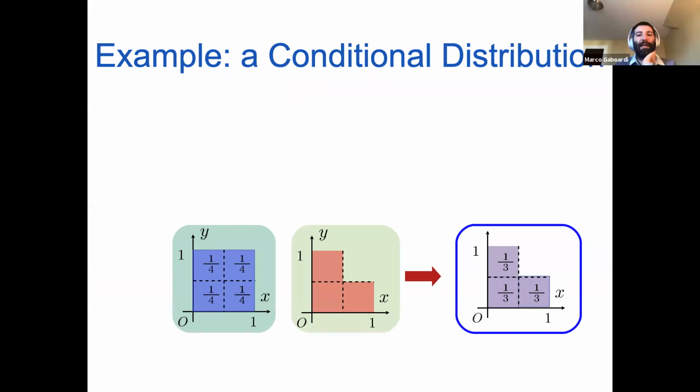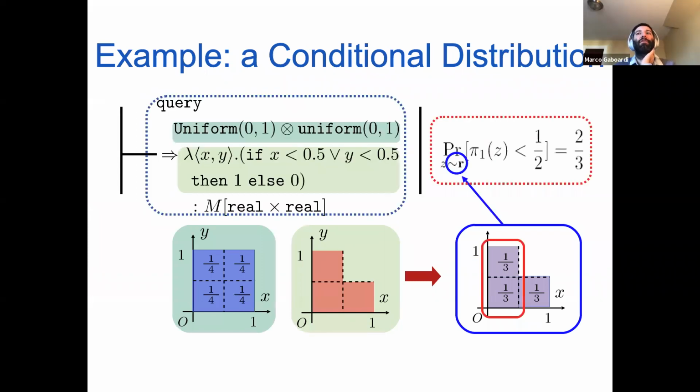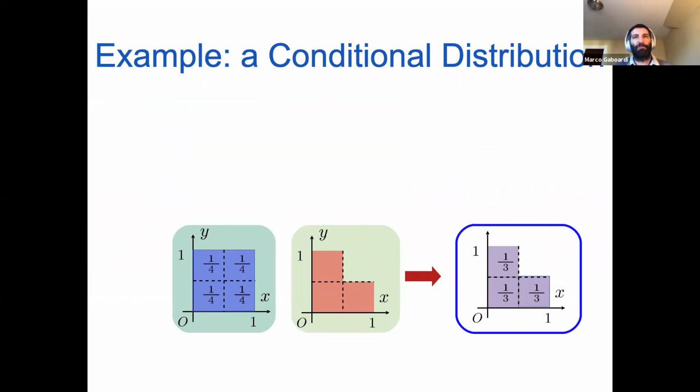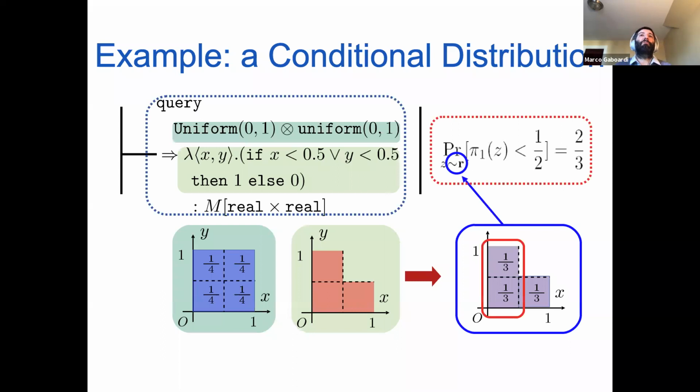All right. So let's see again an example. This is one of the examples I gave you at the beginning, where we have the distribution on the left. We want to condition it with a filter that says that x and y need to be less than 1/2, and we obtain the distribution on the right. Now, something we can prove about our program.